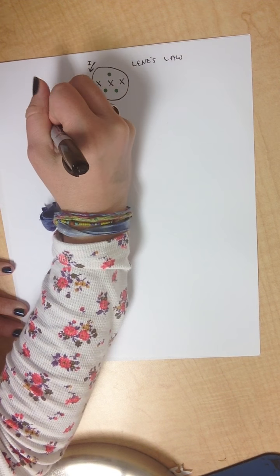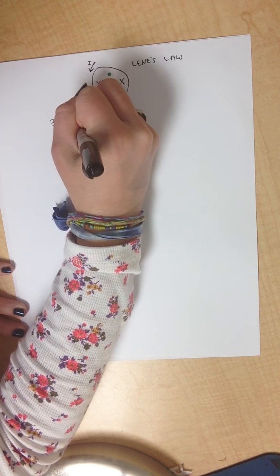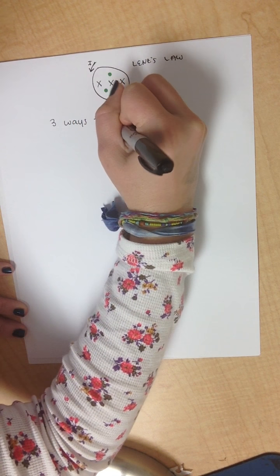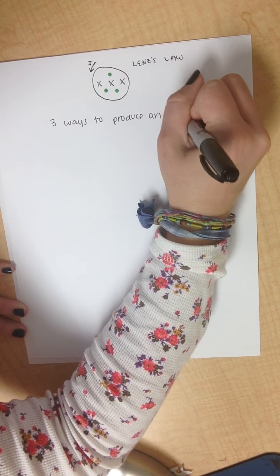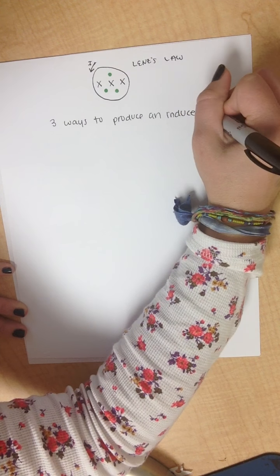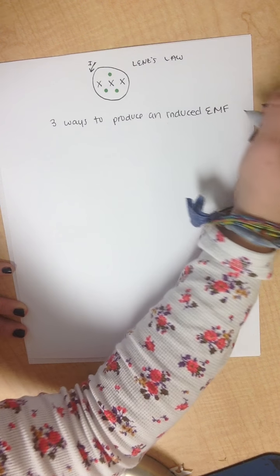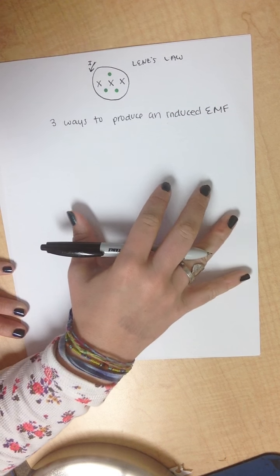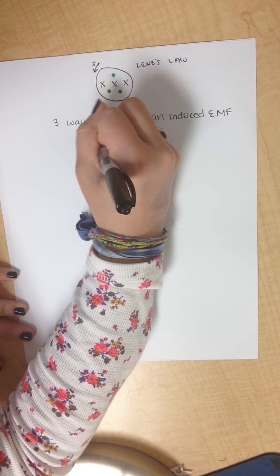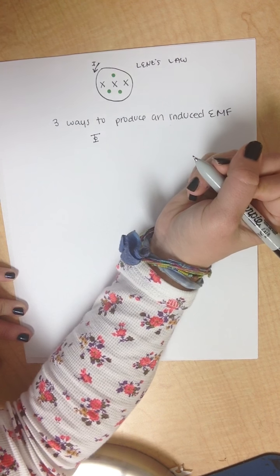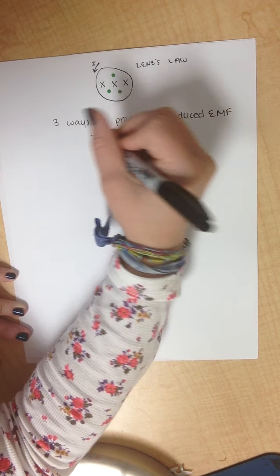So Faraday said that there are three ways to produce an induced EMF. So let's start off with just a simple equation. Magnetic flux is symbolized with a capital Phi.